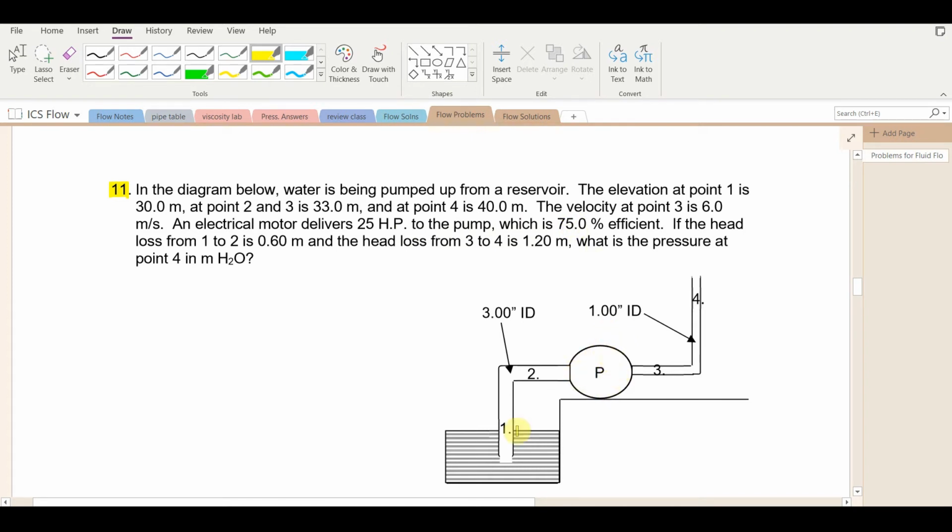If the head loss from 1 to 2 is 0.6 meters, and the head loss from 3 to 4 is 1.2 meters, now why don't they give us a head loss from 2 to 3? Well, you don't lose any pressure. You're actually gaining pressure in a pump, and that'll be included by that pump term. The question is, what is the pressure at point 4 in meters of water? So we're going to digest this a little bit.